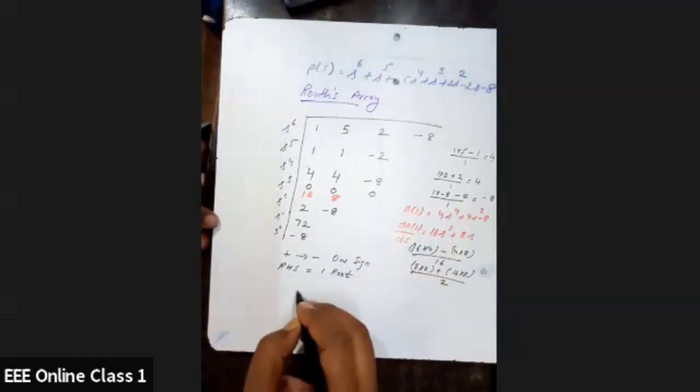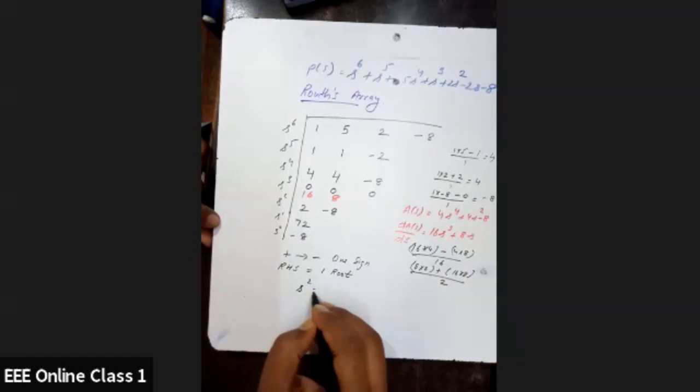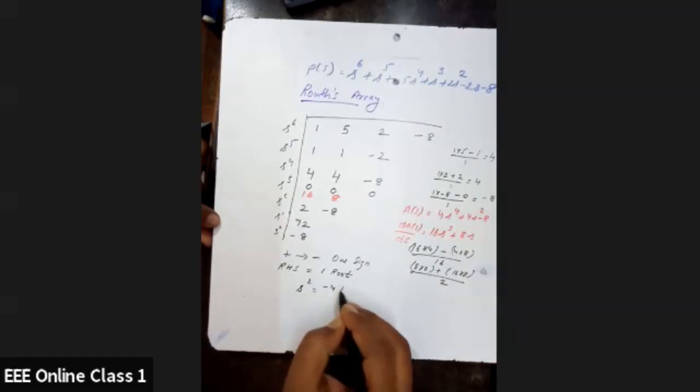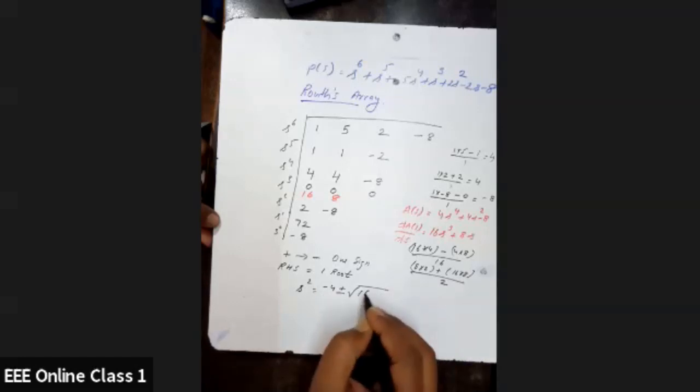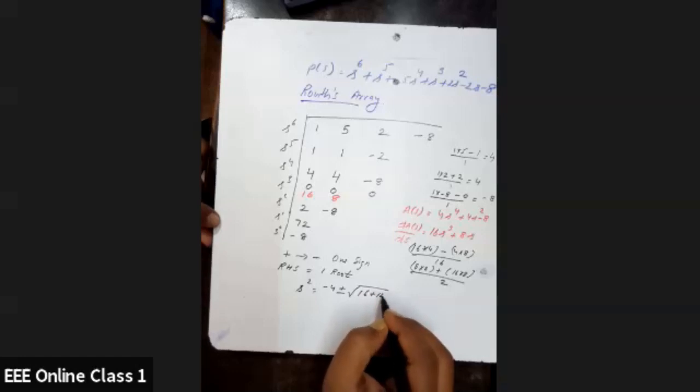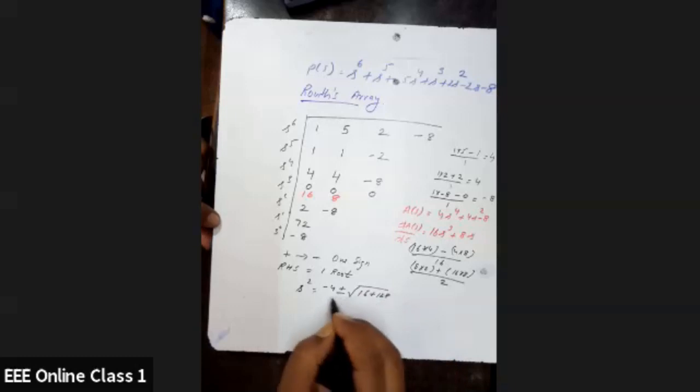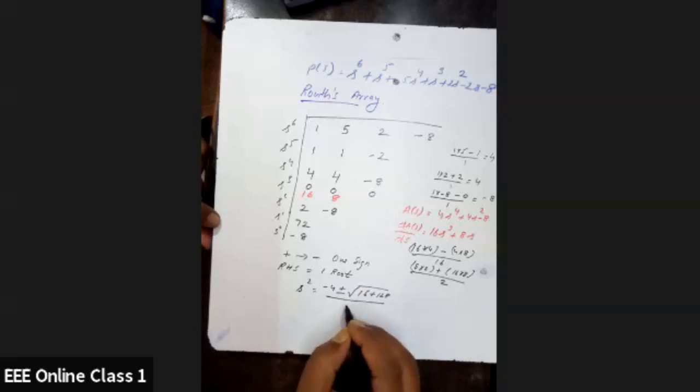So we can write s square is equal to minus 4 plus minus root of b square, that is 16, minus 4ac, so plus 128, divided by 2a, 2 into 4.